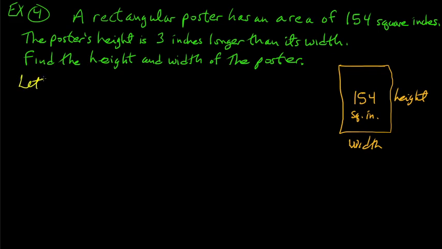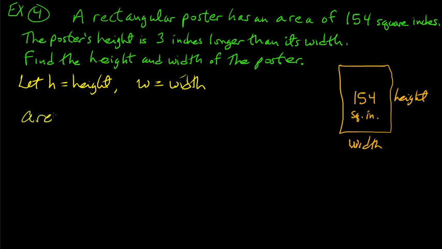So let's let h be the height, and w is the width as before. There's no length here. I guess we could call this the length instead of the width, but here they're calling it the width. Fair enough, right?